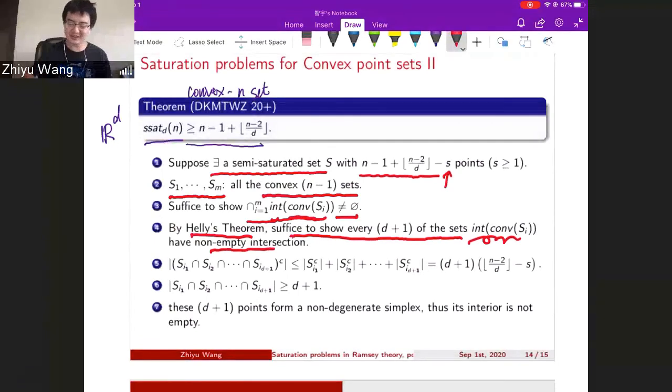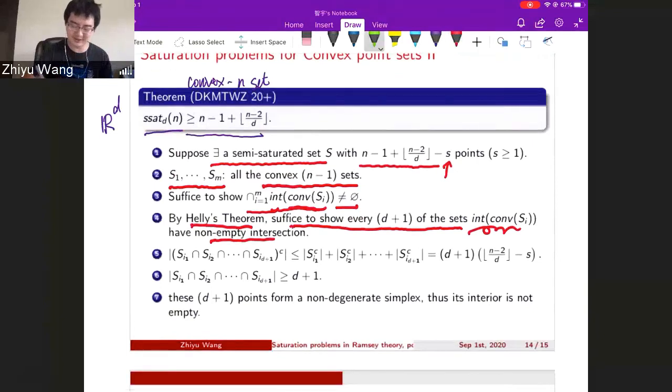That's by counting, and it will be pretty easy. If we look at the intersection of all of these S_i, and we take d plus 1 of them, the complement of their intersection, by a Venn diagram argument, has to be smaller than the size of the union of the complements, which is at most the sum of the complements of each of the S_i.